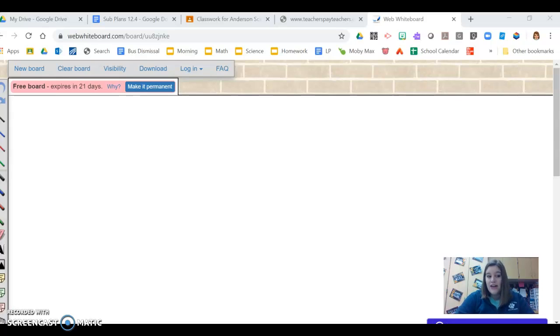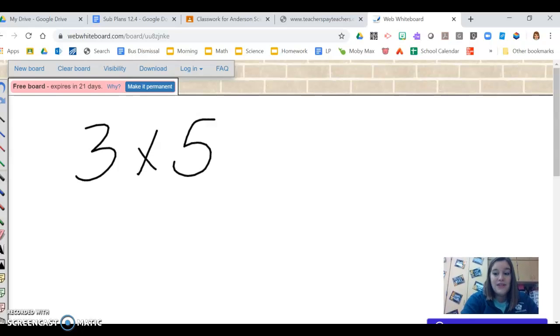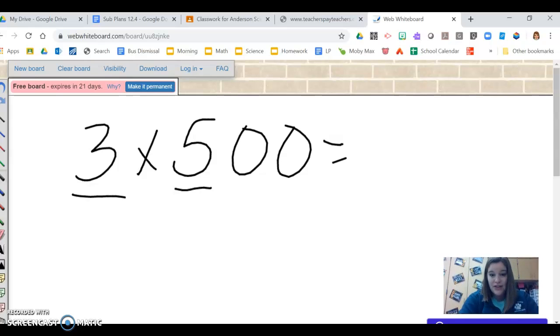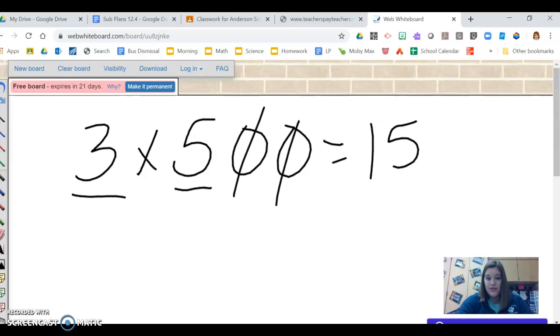So I'm actually going to backtrack a little bit and talk about multiplication, because we know how to multiply something like, let's say, 3 times 500. We know that when we do that, we multiply the basic fact, 3 times 5 is 15, and then we count our zeros. 2 zeros, 2 zeros.